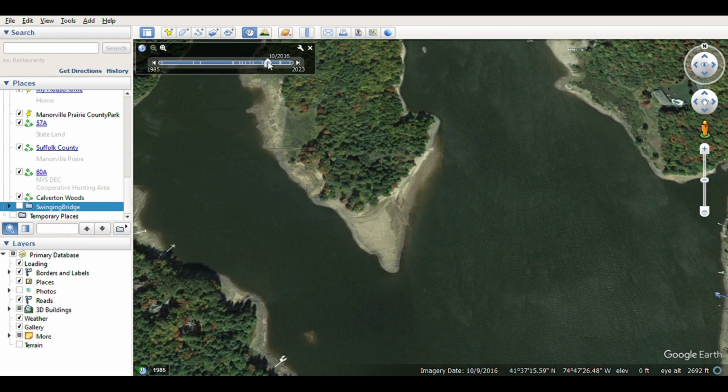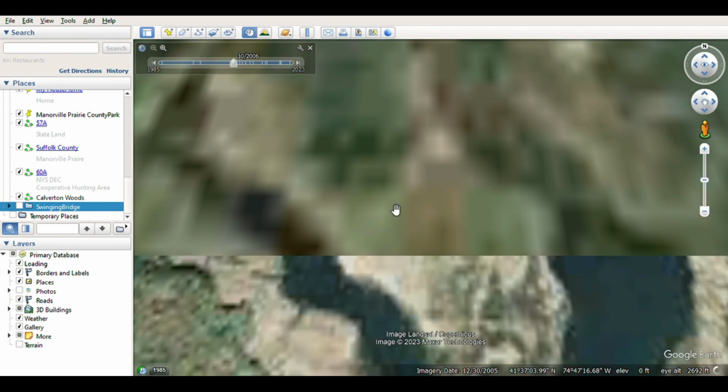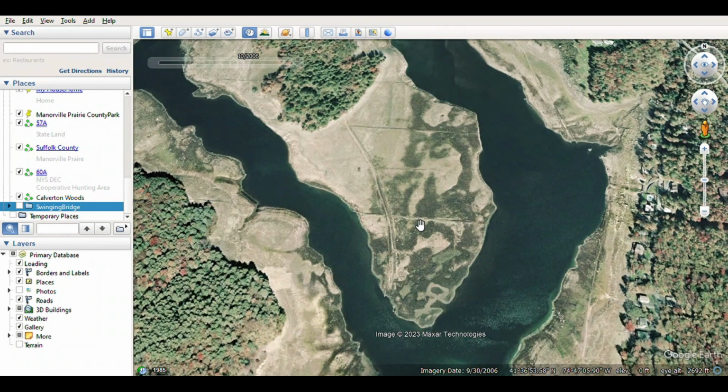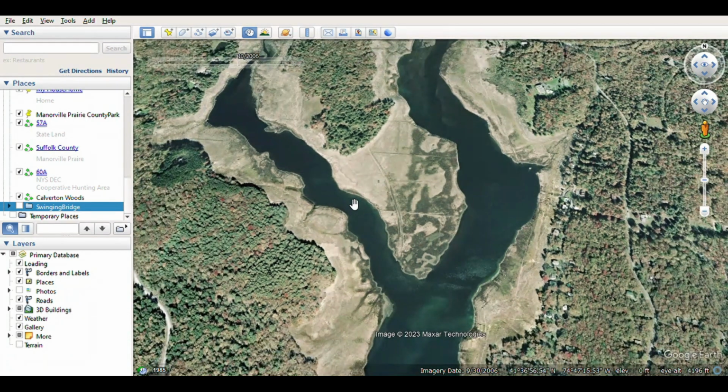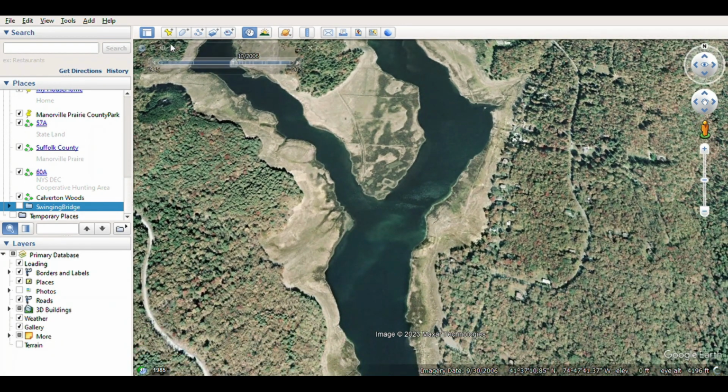And I went back as far as October of 2006. And now look how big that point just got. So now you can really see how far this point sticks out. So what I did was I dropped a pin right at the tip of the point, and I named it tip of point.